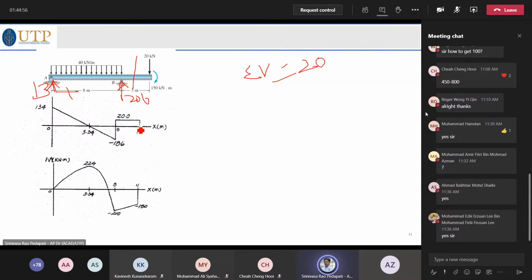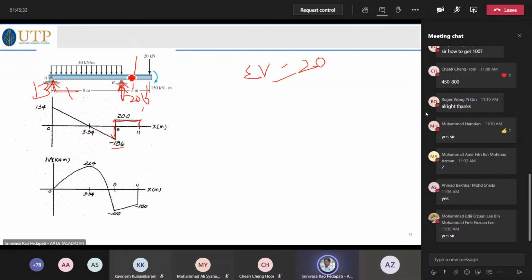So if you try to draw here, it is 20 kilonewton, and then it goes until B. At B, it is opposed by another force, 206, which is upward. So 206 minus 20, that is 186.